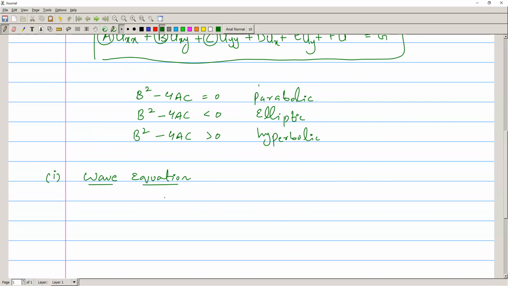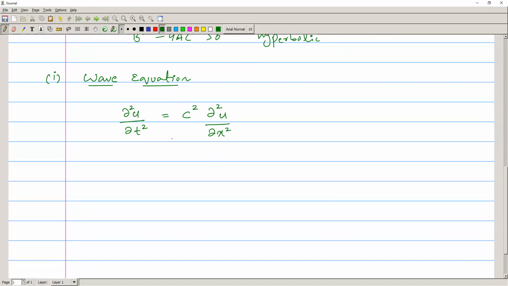It says that the second derivative of u with respect to t is equal to c squared times the second derivative of u with respect to x. Here u is basically the displacement of a string, depending on time and the x dimension, if we are talking about only one-dimensional wave motion.